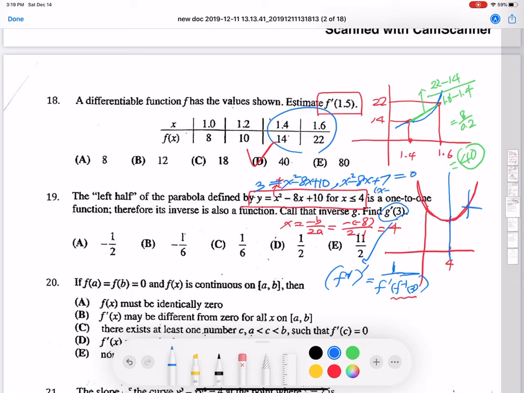So (x minus 1)(x minus 7) equals 0. X equals 1 or 7. Okay, but x cannot be greater than 4, so x equals 1, because x should be less than or equal to 4. So 1 over f prime of 1.